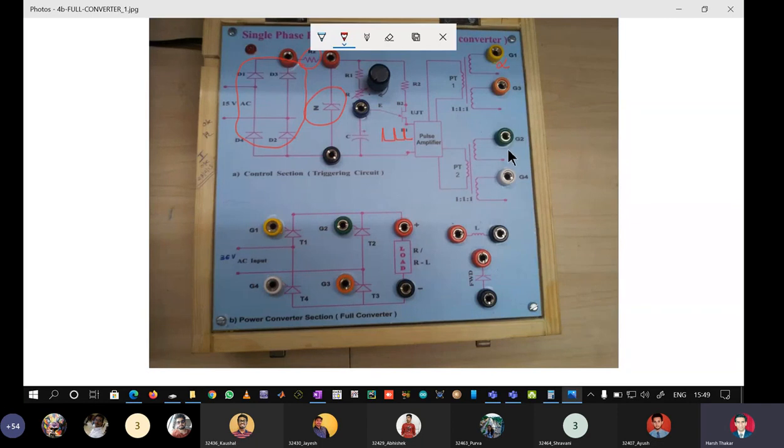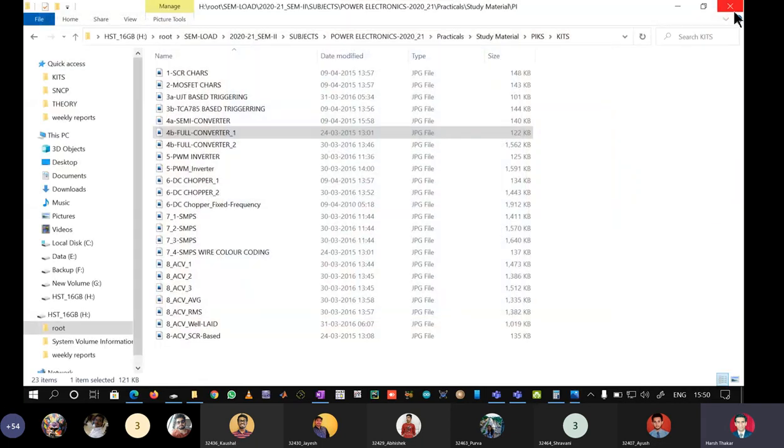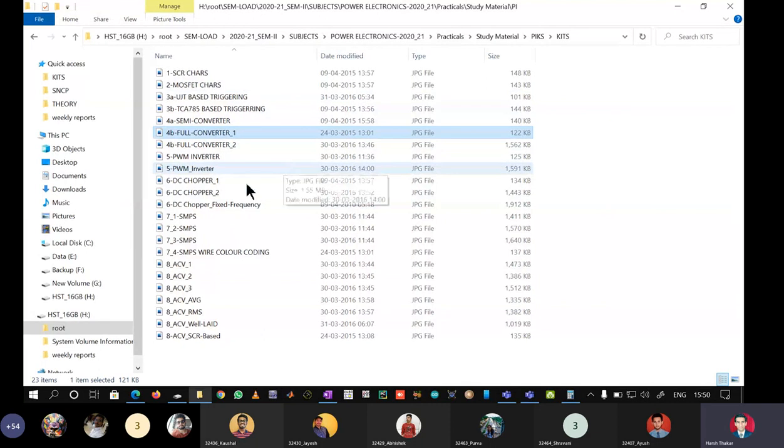So we have alpha, and we have to connect from G1 to G1, G3 to G3, G2 to G2, and G4 to G4. Okay, so alpha here, pi plus alpha here, pi plus alpha here. Okay, one more circuit is there in which the same UJT triggering circuit is used, that is the AC voltage controller.